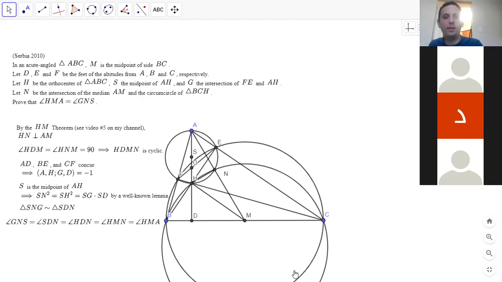Actually, in this case, I think there's a way around it, because basically we want to show SE is tangent to the circle through BFE, and oh no, it's not that easy, sorry. Because we want SG times SD. Yeah, check it out, see what you can find.